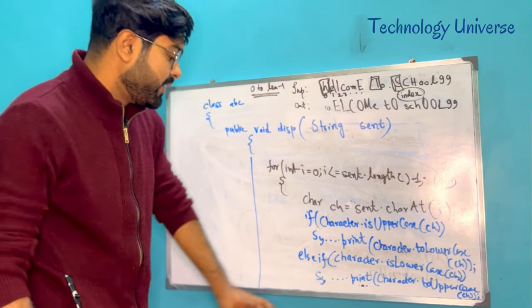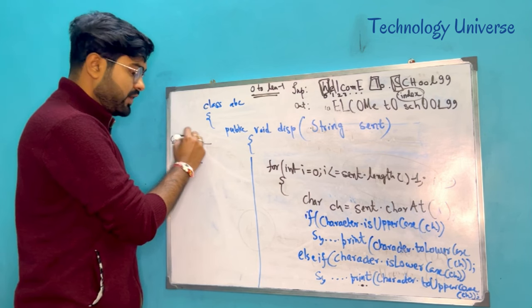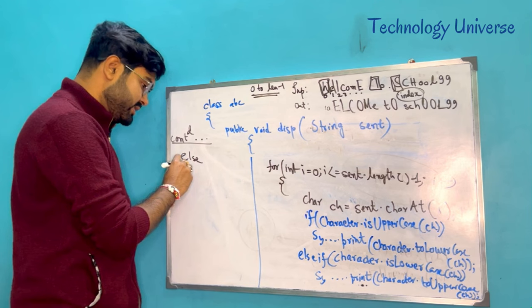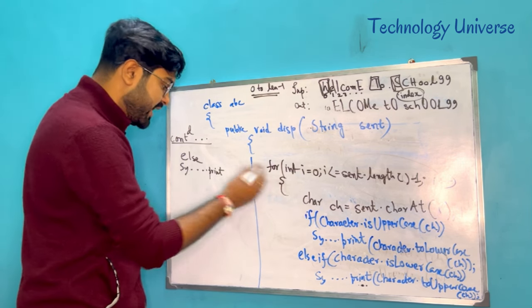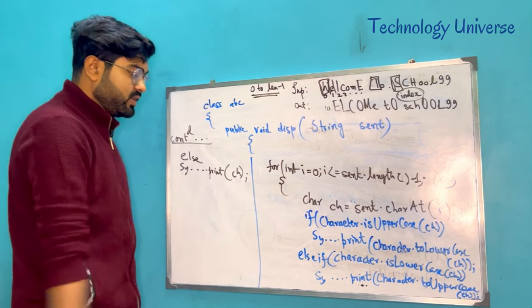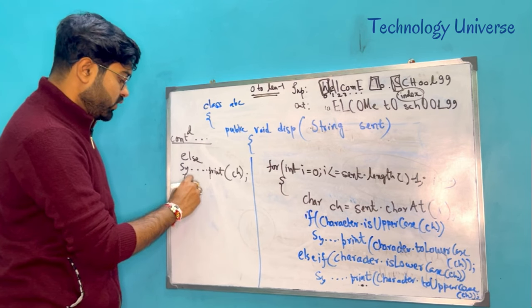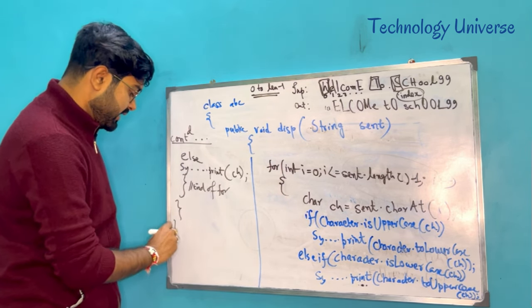So for that I have to keep an else condition. So else we have to print whatever we have extracted, ch, that we would only print. Okay, no conversion needed. Then we have to end the for loop. So end of for loop, and then the class is closed.